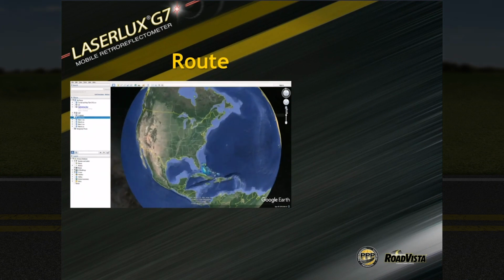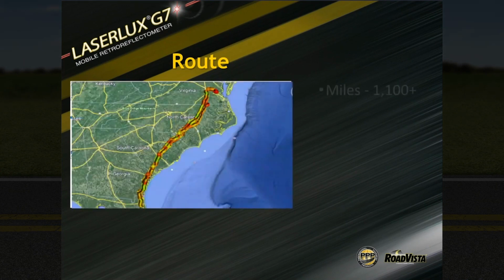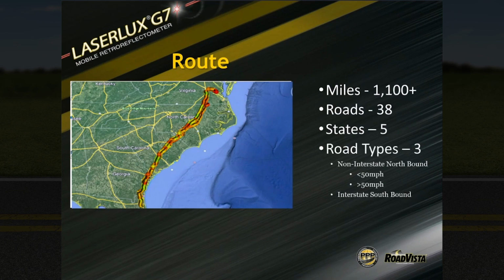So starting out, let's talk about our route. Our route for the Measure Across America pilot was 1,100 miles. We went across 38 roads in 5 states, and we basically categorized our roads into 3 types. We had non-interstate and interstate.